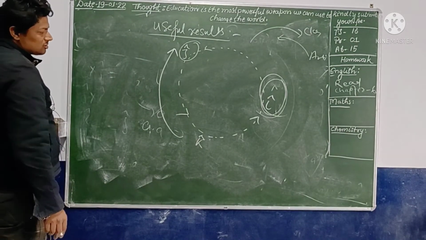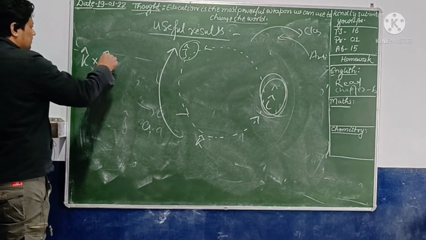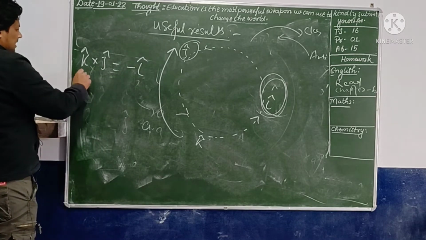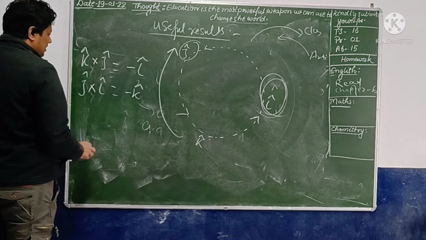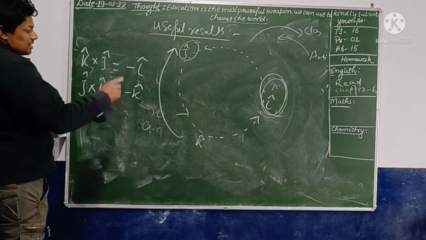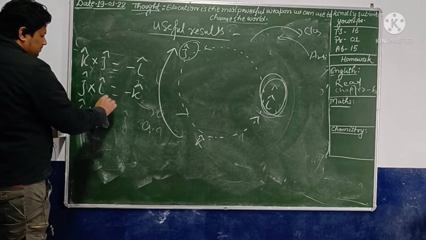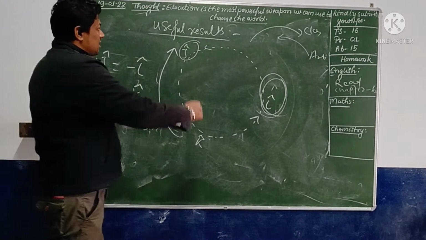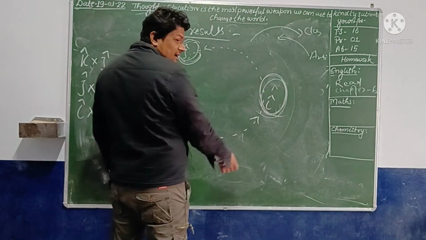K cross J equals minus I. J cross I you will get minus K, and then I cross K is equal to minus J. If you are taking this one and this one, you are moving in this direction.